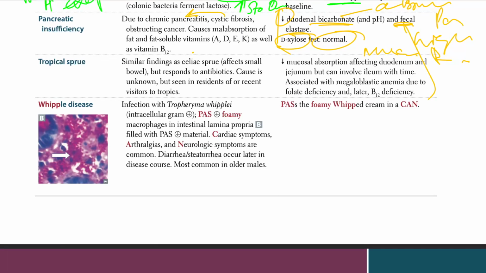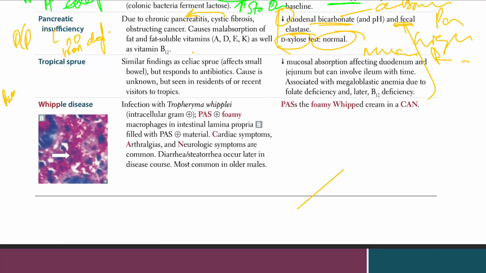Moving on with the tropical sprue. Okay, one more thing. See, I did mention that that's a differential diagnosis for celiac, right? How? Because the presentation is going to be similar to celiac disease, but with no iron deficiency. In celiac, you will have iron deficiency because you are messing up the duodenum.